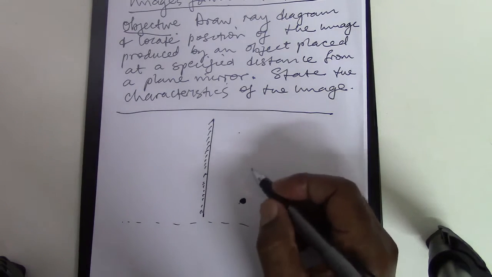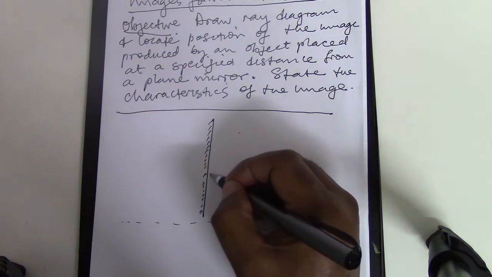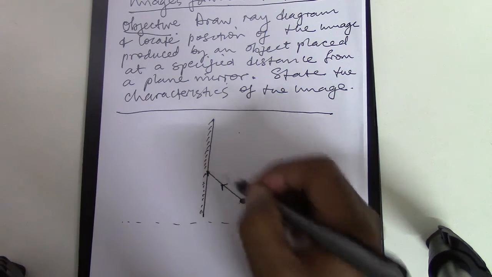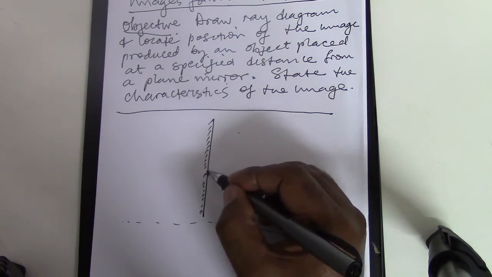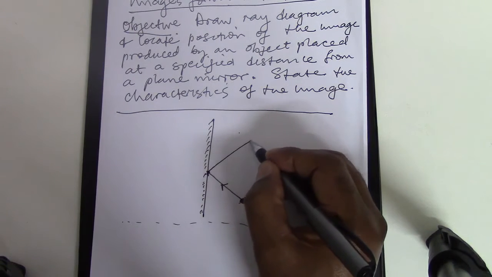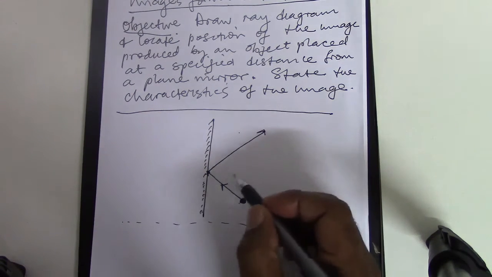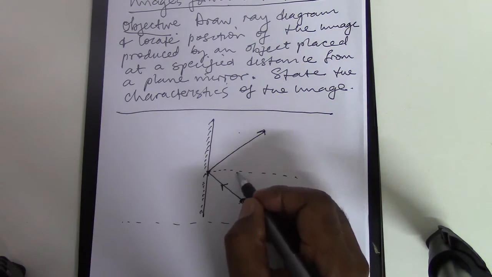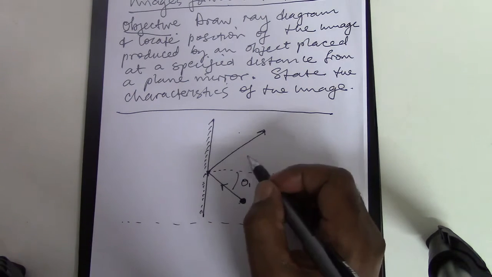Now, a light ray from this object can strike the mirror at this point of incidence and be reflected in this direction. The reflection must always fulfill the law of reflection.